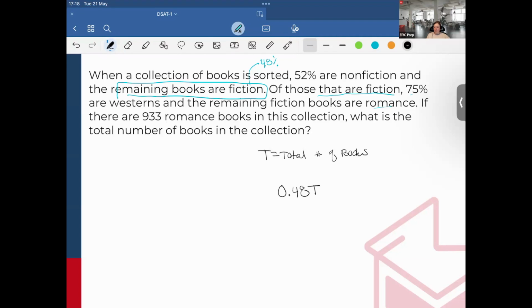Okay, so 75% are Westerns and the remaining books are romance. If there are 933 romance books in this collection, I have to see that if 75% are Westerns, that means that 25% of these would be romance, right?